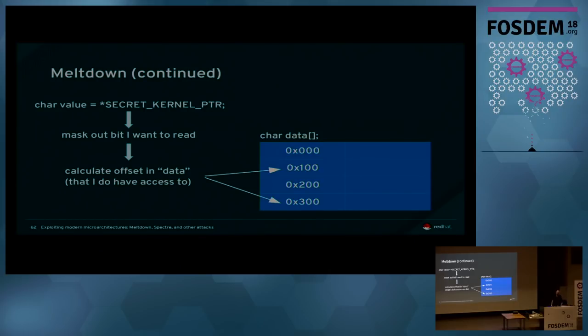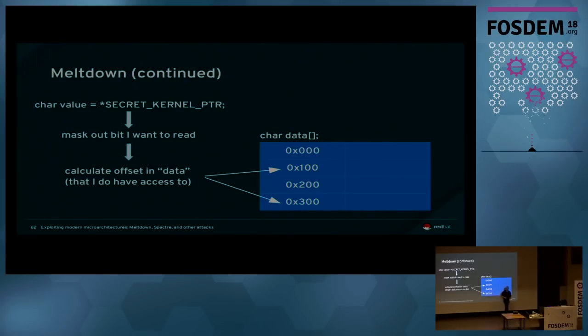What I can do inside that piece of code is I can read that pointer quite happily. Now, if my program ever retires those instructions, I'm going to get an exception and it's going to crash. That's not useful, right? But what I can do, while the speculation is happening, is use the value of that data to access some other data that I do have control over.